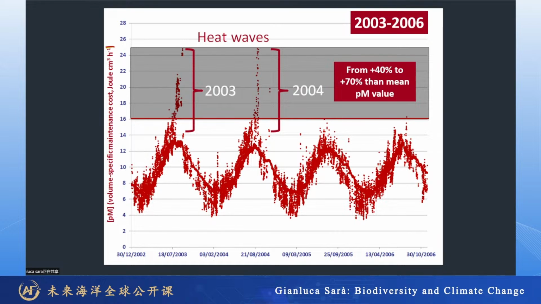And for example, we observed that in those periods we had an increasing amount of energy spent for somatic maintenance, and this has an effect in terms of body size and the amount of eggs, for example.